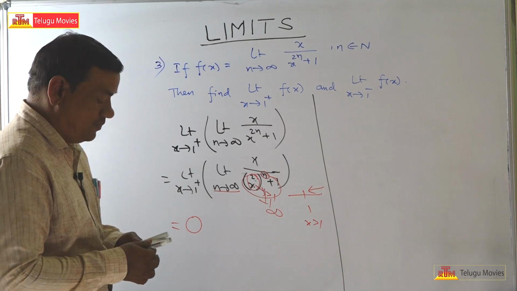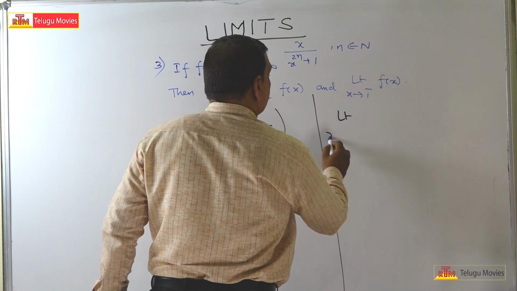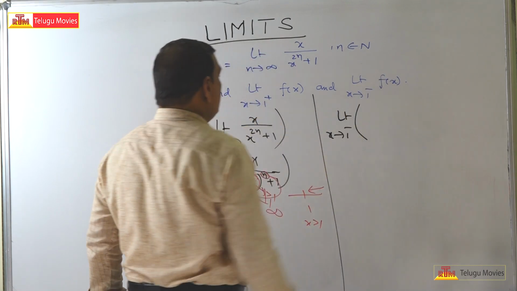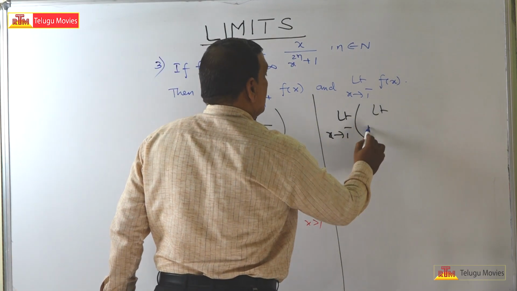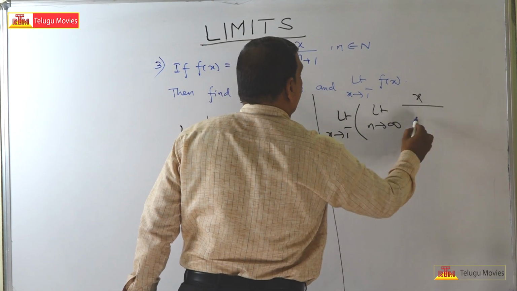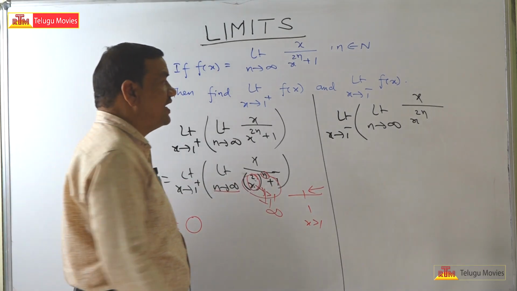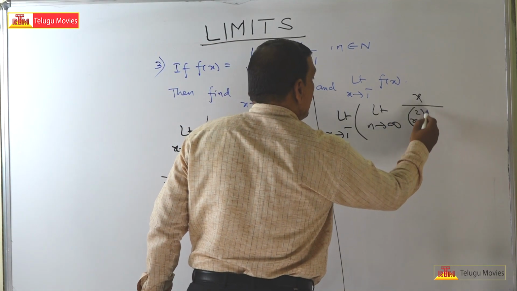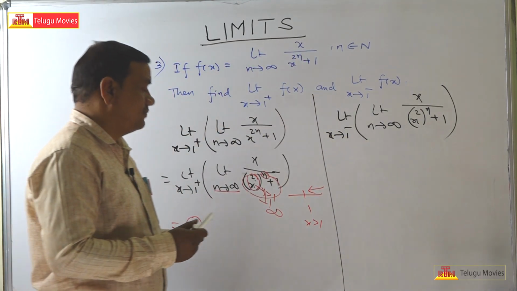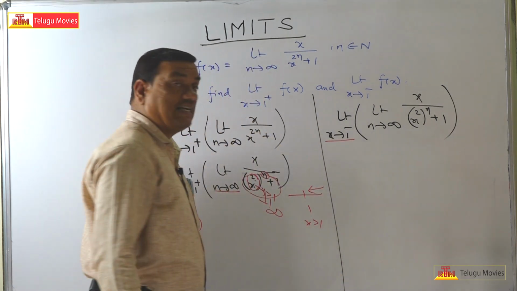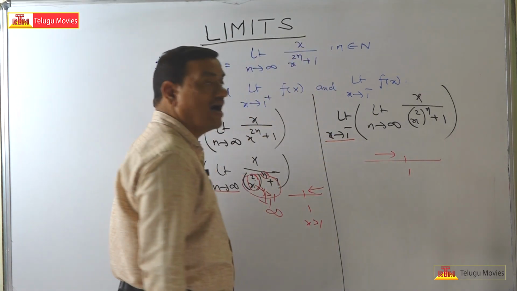Now coming to that problem, let us see what happens. Limit x tends to 1 minus, what is your f of x value? F of x is given as limit n tends to infinity x upon x power 2n plus 1, as usual, x power 2n plus 1, I wrote it as x square whole power n plus 1. Okay, now observe this limit. X tends to 1 minus, that means you are approaching 1 from the left hand side.